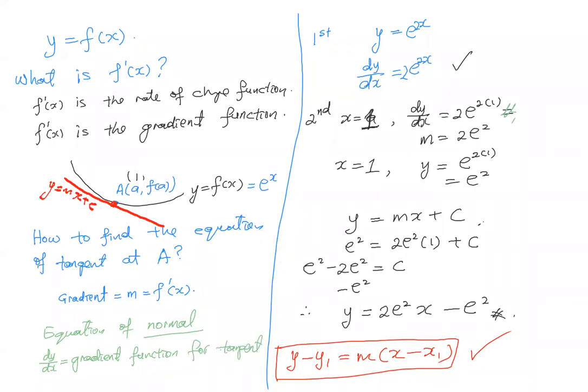So if you want to find the gradient for normal, you have to put negative 1 over f prime a. So this is very important for normal. Are you clear?